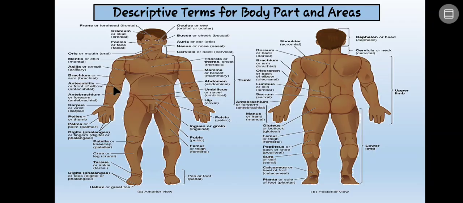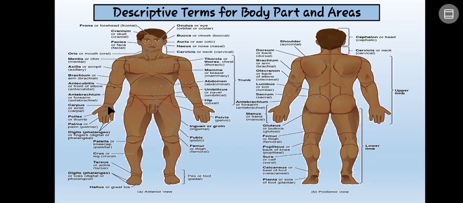So this is the antecubital. The forearm or the antebrachial. Over here we call it the arm or the brachial, and here is the antebrachial.